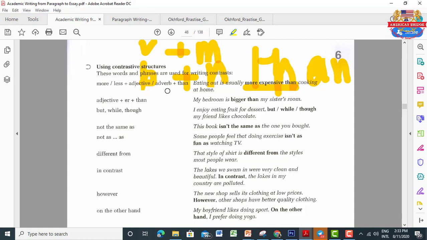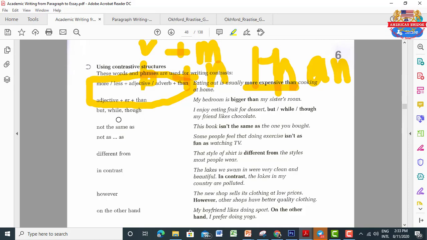Okay, example: eating out is usually more expensive than cooking at home. Another comparative adjective example: my bedroom is bigger than my sister's room. So we can use the comparative adjective here in order to make the comparative sentence.